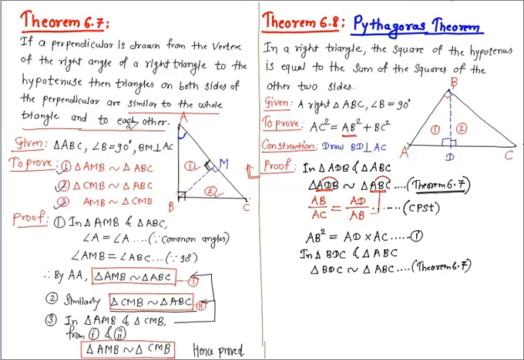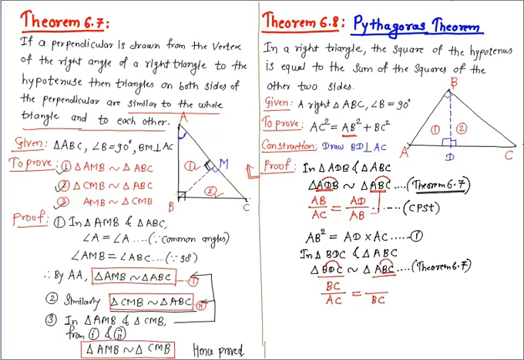Now since triangle BDC is similar to triangle ABC, we can write the ratio of corresponding sides. What we need? BC square. So we'll write the ratio of sides containing BC. Now if you see the first triangle BDC, to get BC, B is at first position and C is at third position. So let's write here BC upon, in the second triangle ABC, we'll have to take first and third position, that will be AC, equals to.